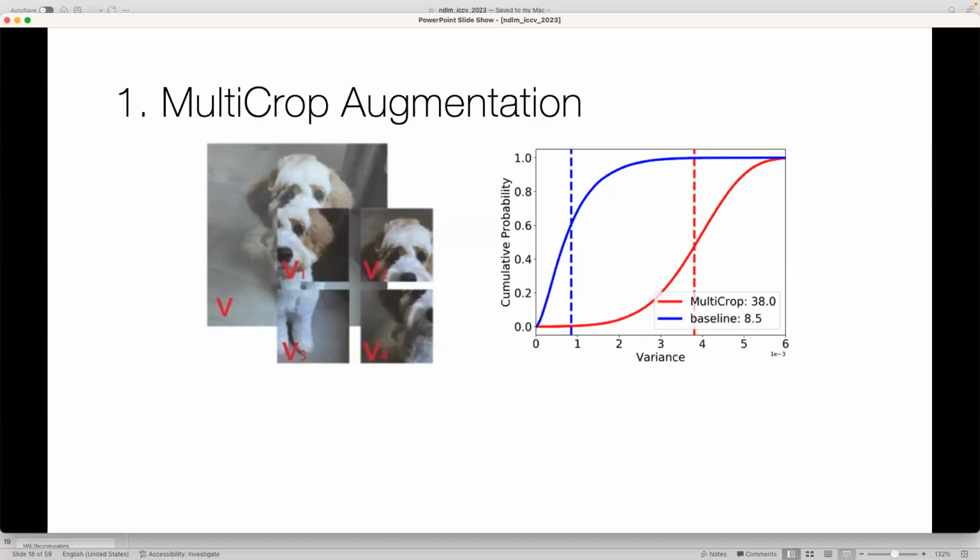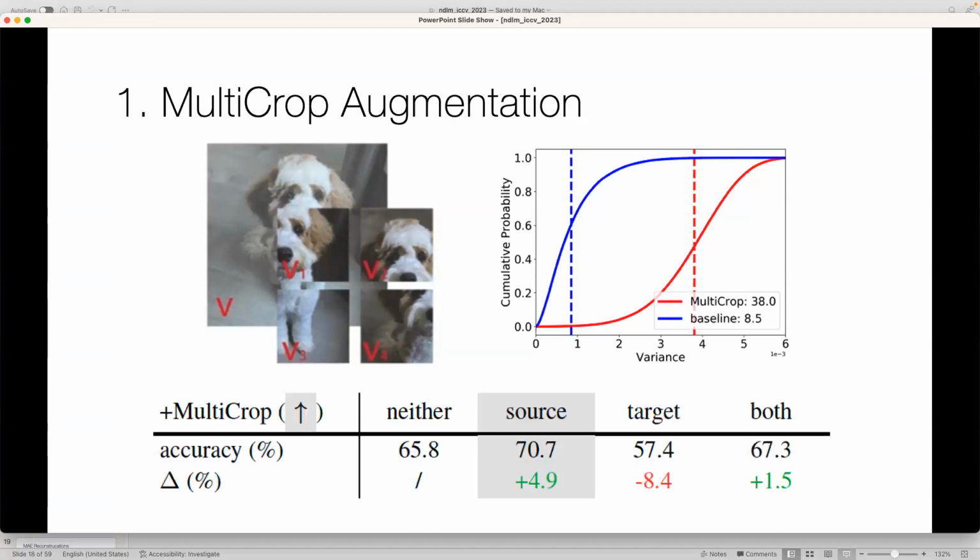You do a very strong augmentation of the image, of course, it increases the variance. We try to plug it into MoCo V2, either into the source side alone, target side alone, or both. In this case, we find that the source benefits a lot from multi-crop augmentation, and it hurts the target if we put it on the target side.